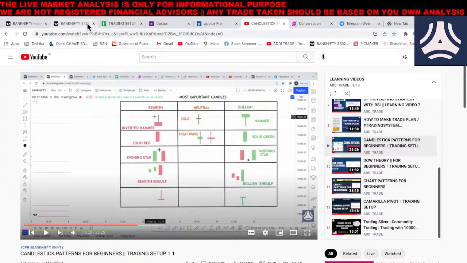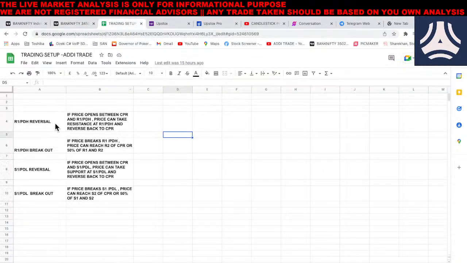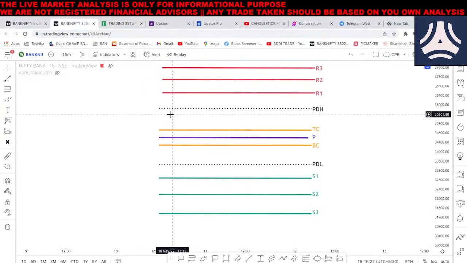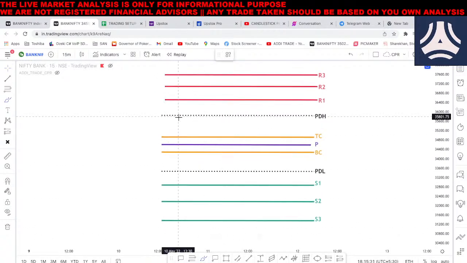Now where we will look for is, see, in the four setups that I mentioned, these are the four setups. You can even take a screenshot or something just to go through it. See, the first setup that we saw, I mentioned if the price opens here, we can take a reversal at the previous day high or R1.